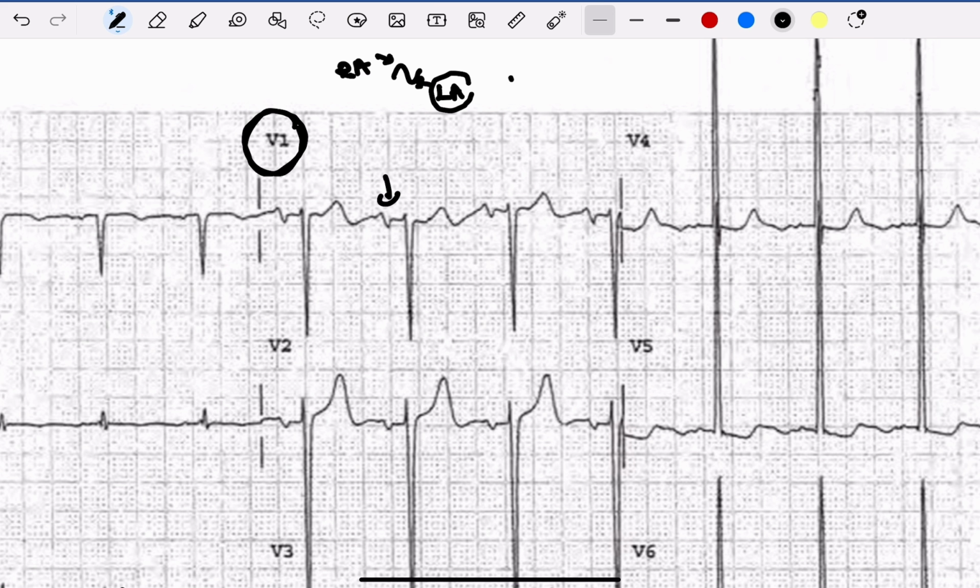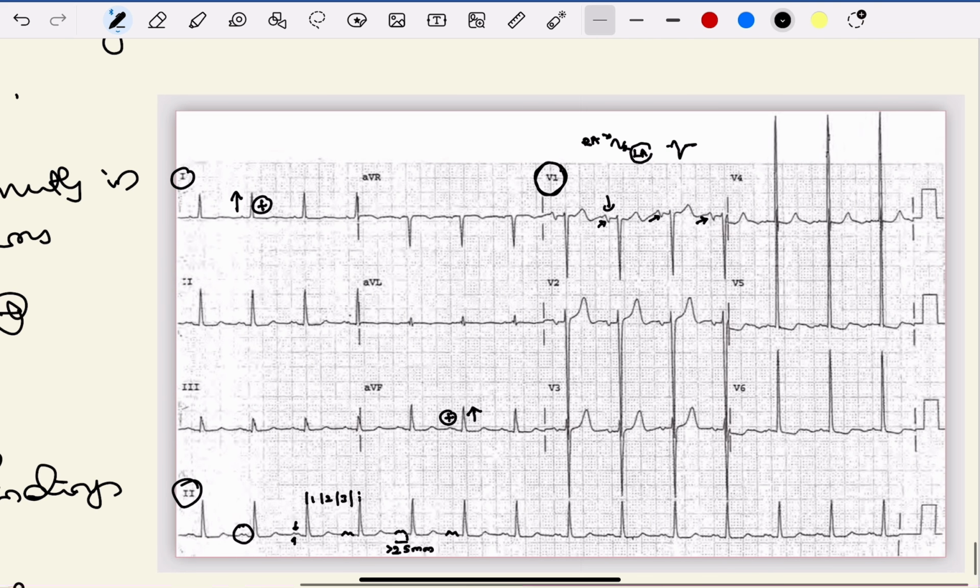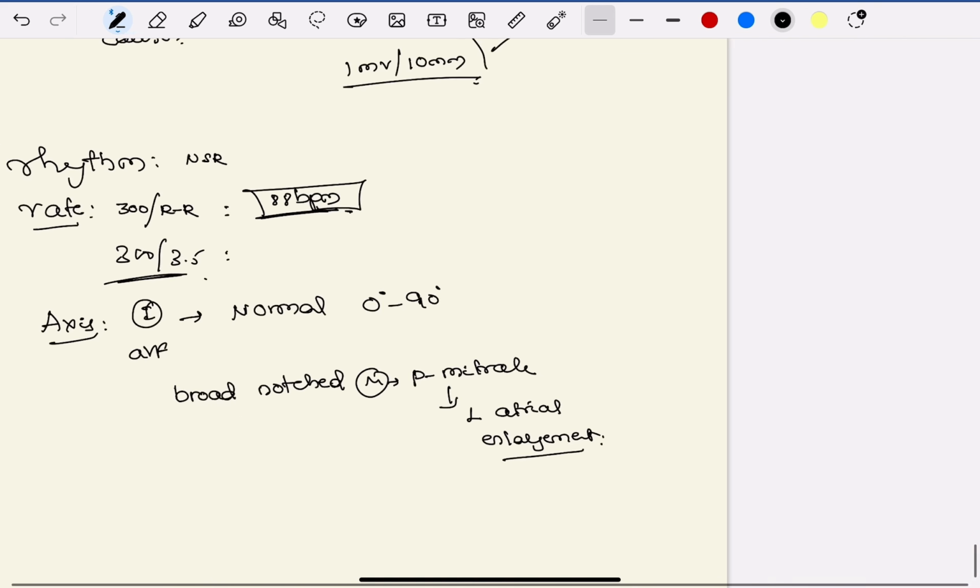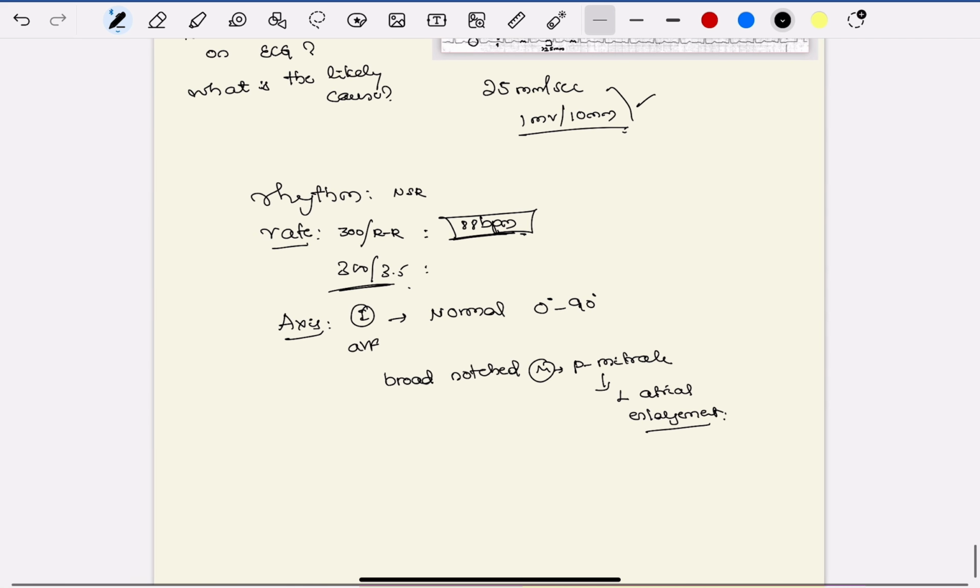The negative component. So enlargement means the negative component will be deepened. Let's look at this. See here, the negative component is very prominent. So again, this suggests there is left atrial enlargement. So as of now, there is normal sinus rhythm, normal rate, normal axis. The only abnormality is left atrial enlargement.